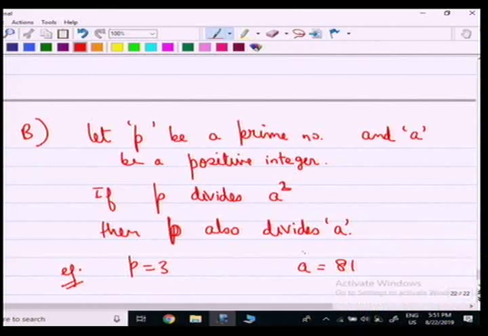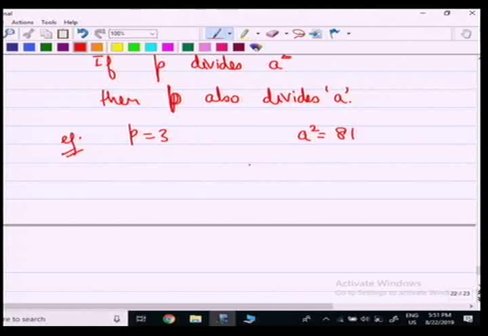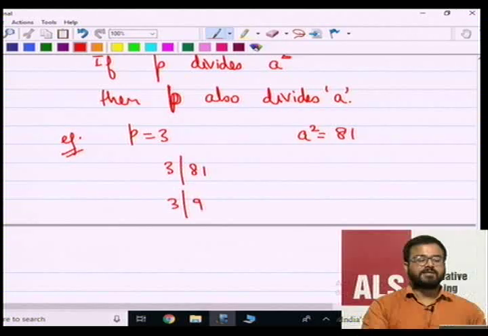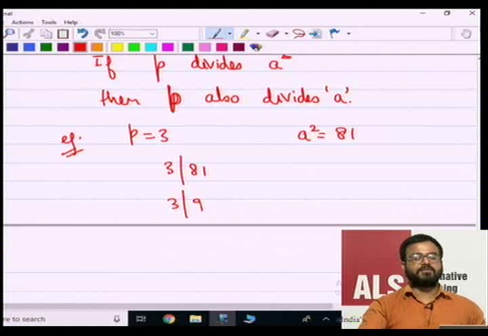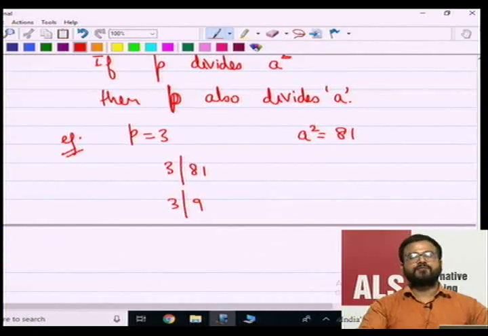If A square is 81, 3 divides 81, 27 times. So 3 also divides 9, and 9 is the square root of 81. That is the statement of this theorem. For this case, P has to be a prime number. If P divides any perfect square, then P will also divide the square root of that number.